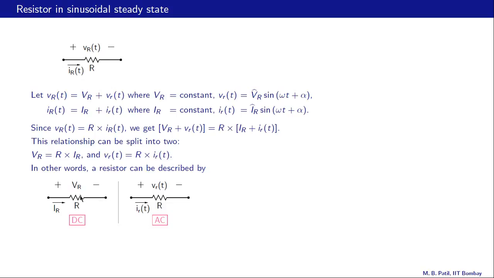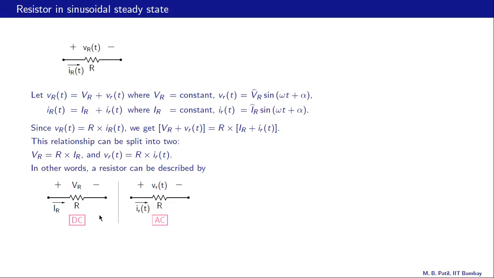In the DC circuit, we have the DC quantities, capital V, capital R, and capital I, capital R. They are related by this equation, which is the resistor equation. Then we have the AC circuit, in which we have small v, small r, the sinusoidally varying part, and small i, small r, again the sinusoidally varying current, and they are also related by the same behavioral equation. So small v, small r is R times small i, small r.